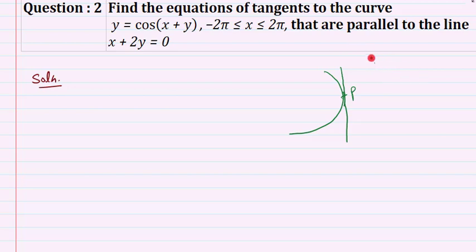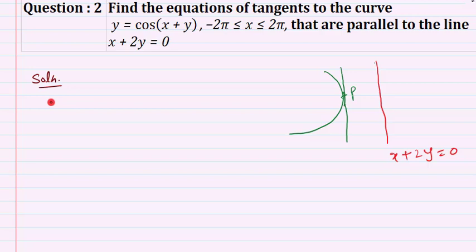This is the line, x plus 2y is equal to 0, which is parallel to the tangent. So clearly the slope of this line is equal to the slope of the tangent, and we'll use the same concept to calculate the slope of the tangent as well as the equation of the tangent.